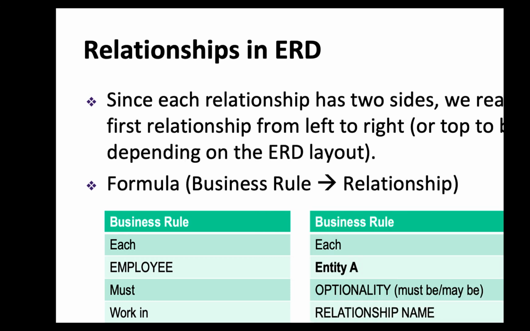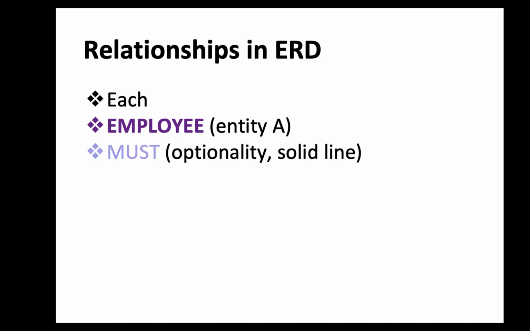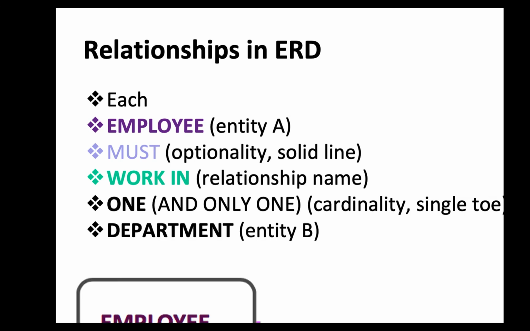So we can say that each entity A, optionality must be, work in is the relationship name, one and only one is the cardinality. It could be one and only one or one or more. And then entity B. So each employee, which is entity A, must work in one and only one department.